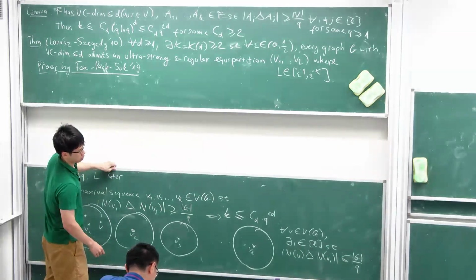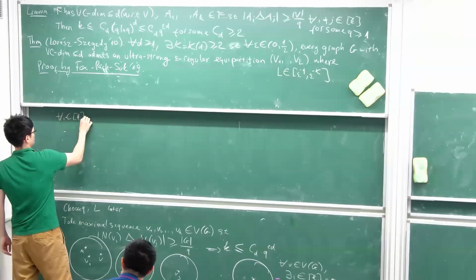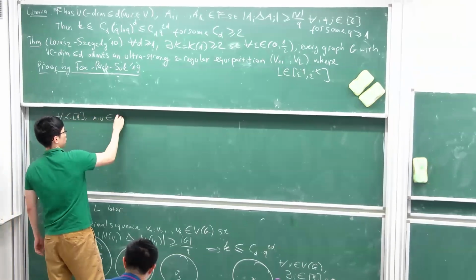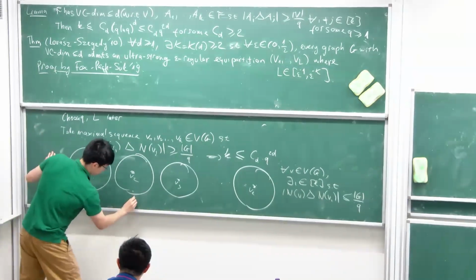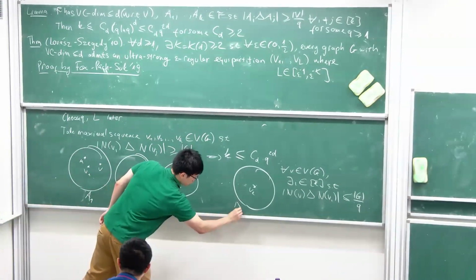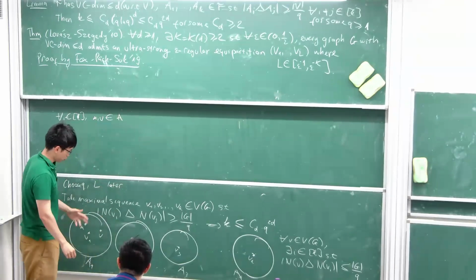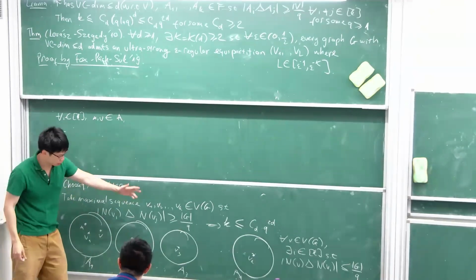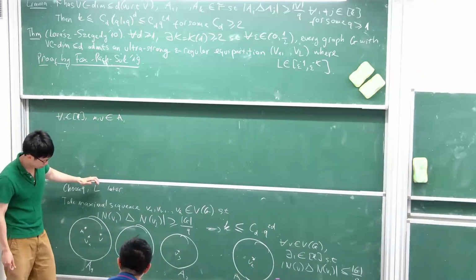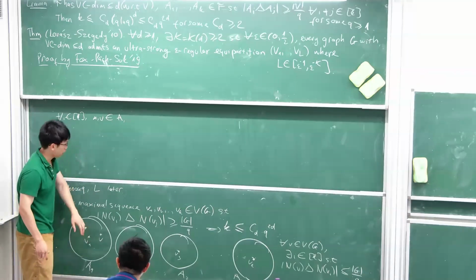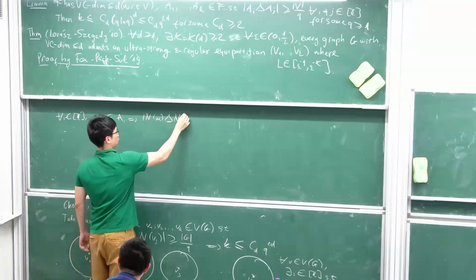So for every i, let me say these balls are A1, A2, A3, up to K. If u and v fall into the same A_i, then, although the A_i don't necessarily form a partition of V(G), if there are two vertices falling into the same ball, then the symmetric difference has to be not too large.